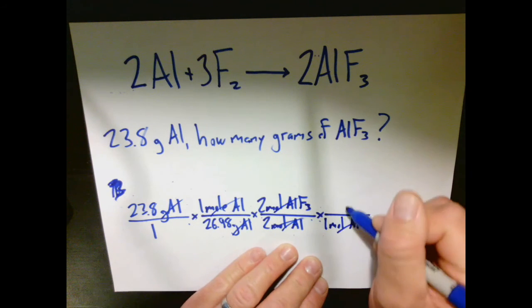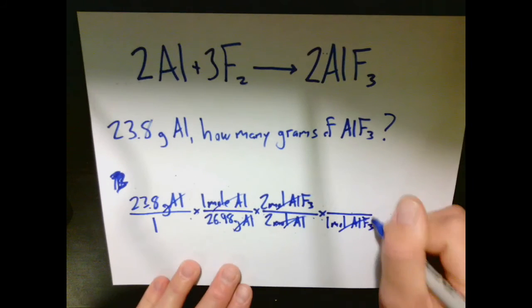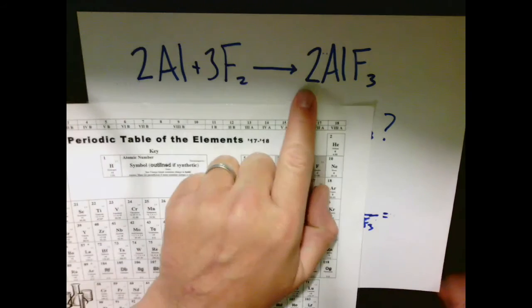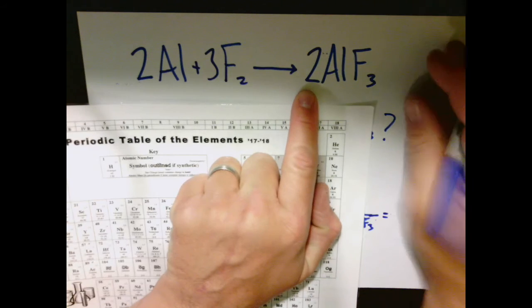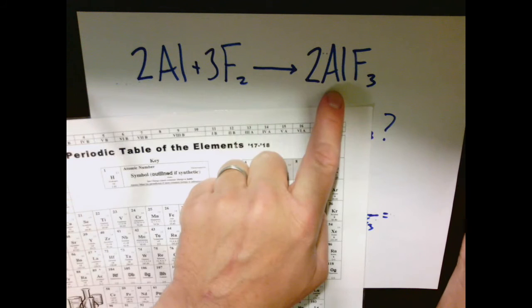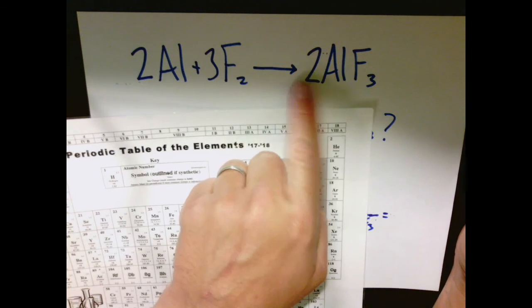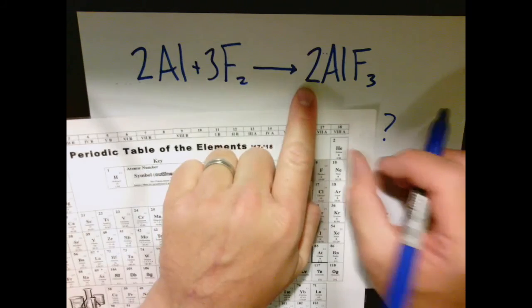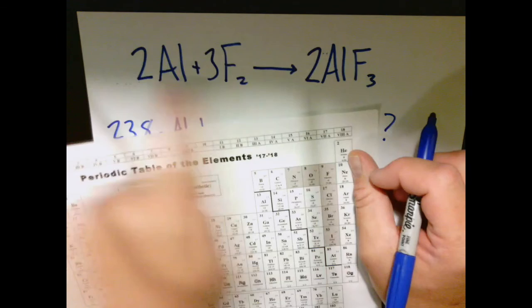On the top, guess what? The formula mass of aluminum fluoride. So you're going to add up the formula. And again, these coefficients are never part of the formula. The formula of aluminum fluoride is AlF3. The 2 isn't part of the formula. It's just the coefficient for the specific chemical reaction.